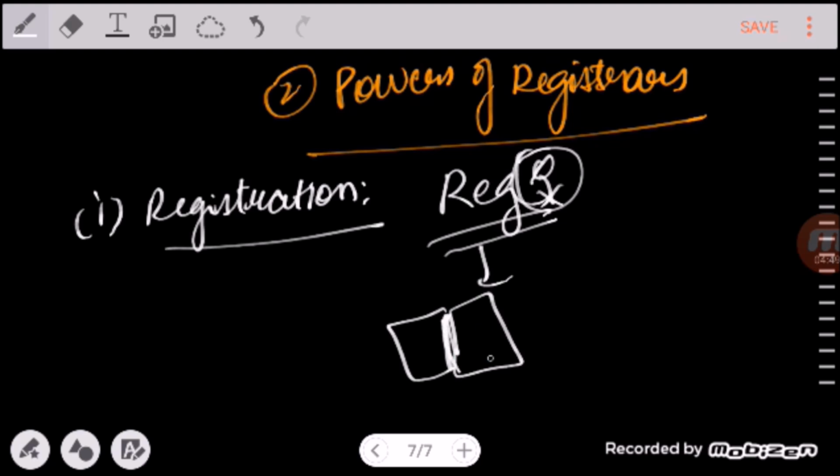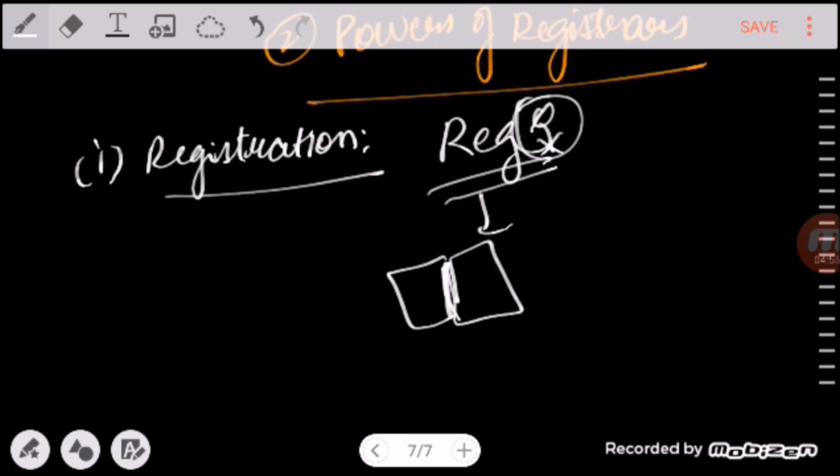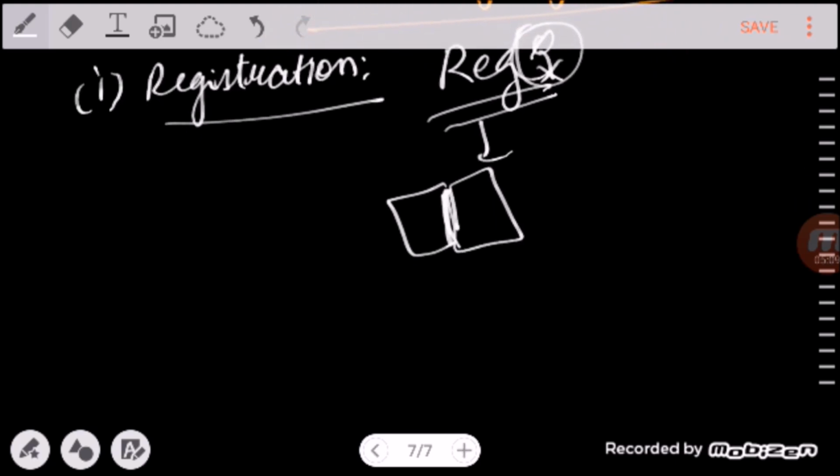He may reject the application. He may ask for further information. He may ask to change the name of a trade union if it is identical with any existing one.